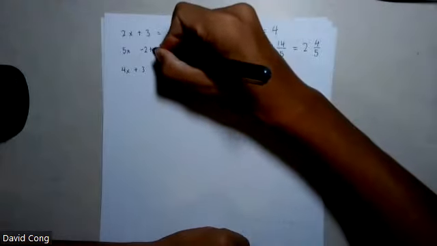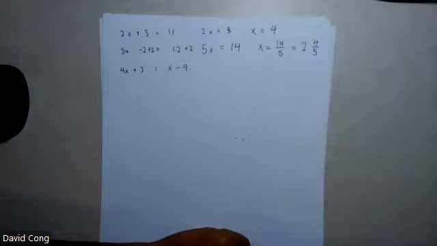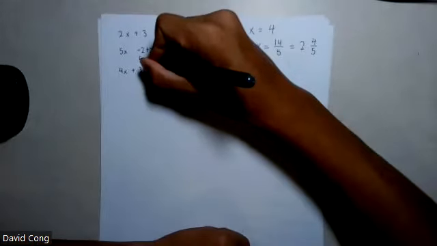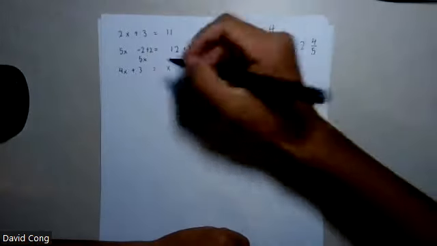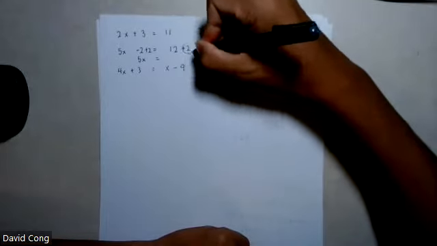Because if we add 2 here and we add 2 here, they're still the same. They're still equal to each other. But -2 plus 2 equals 0. So we have 5x, because this becomes 0. But we added 2 over here, so we must add 2 over here. So this becomes 14.